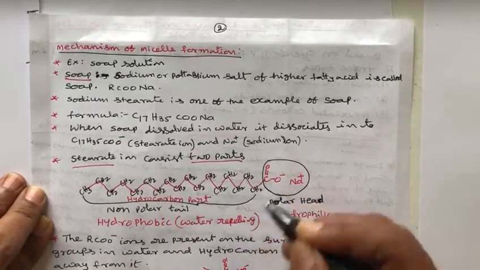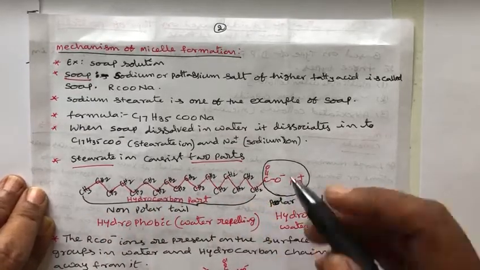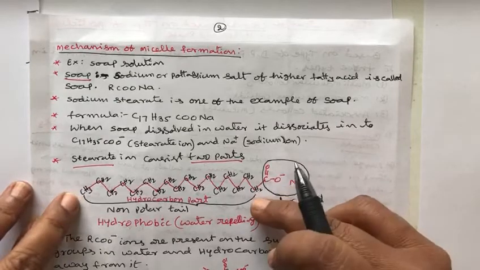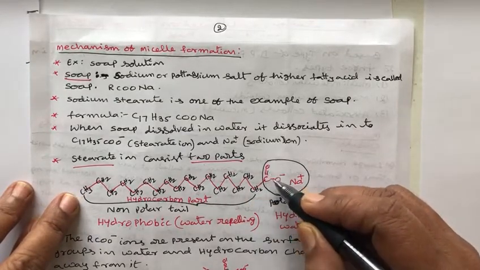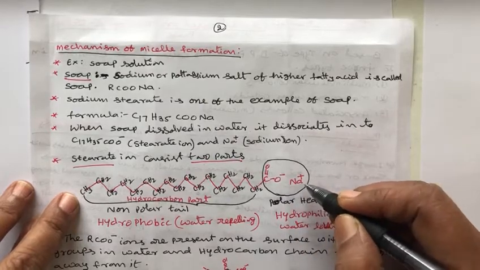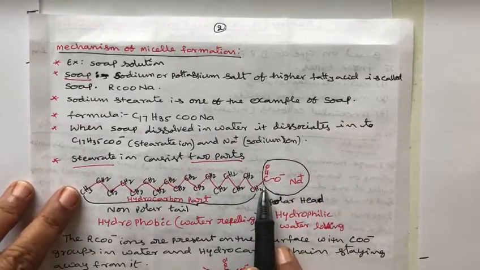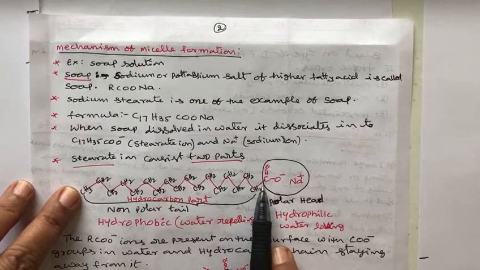Here we have 16 carbons, and the 17th one makes 17 carbons. Another one is COO, C double bond O minus, and Na plus ion. Up to this is called the hydrocarbon part.